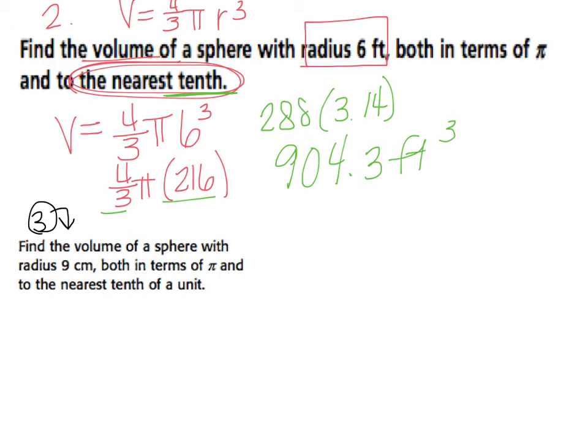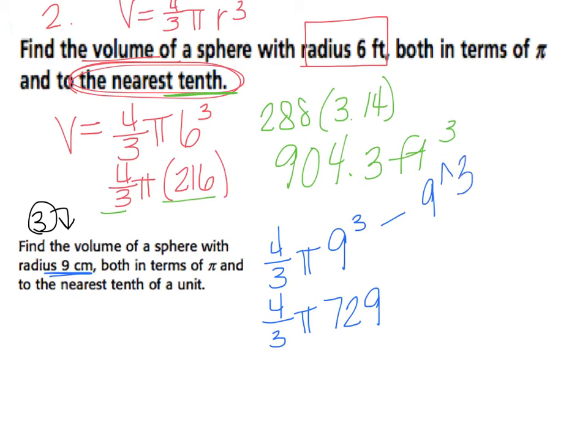So what you should have done is start with 4/3 times pi, and they tell you that you have a radius of 9 centimeters, so we're going to do 9 to the 3rd power. We can rewrite this as 4/3 times pi times 729. If you need to do this in your calculator, remember you do 9, caret key, 3.